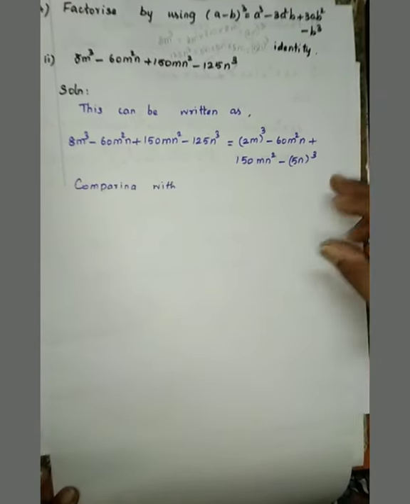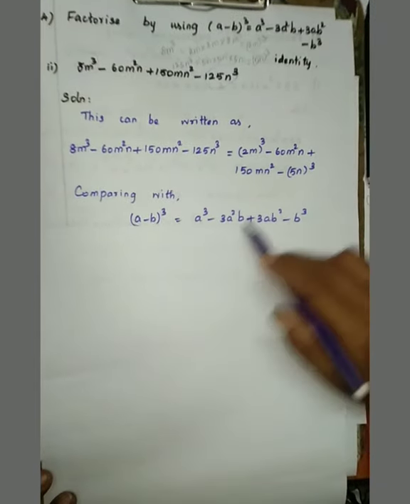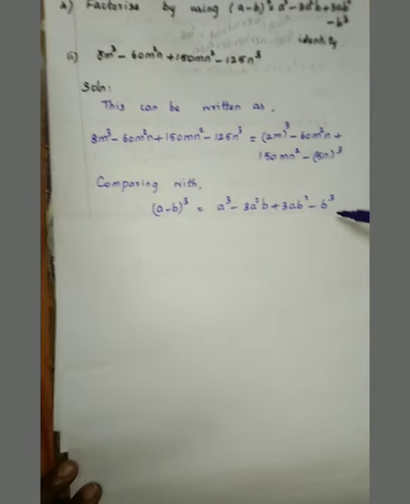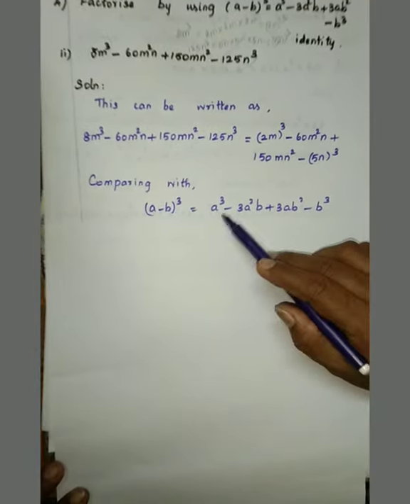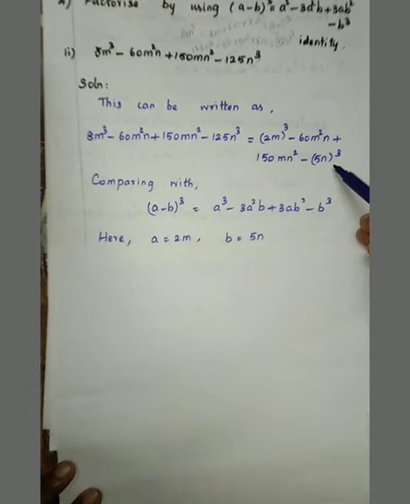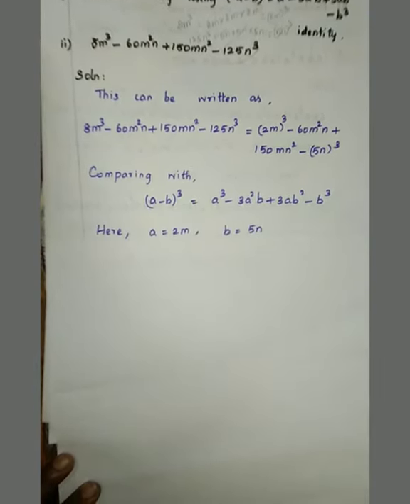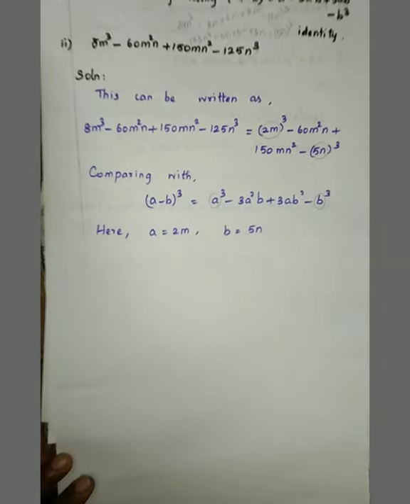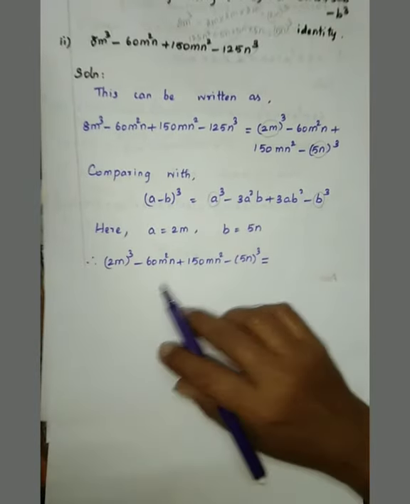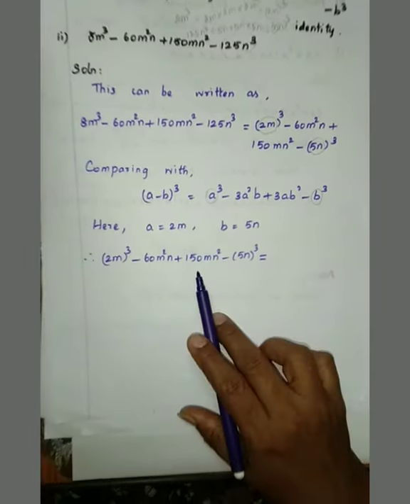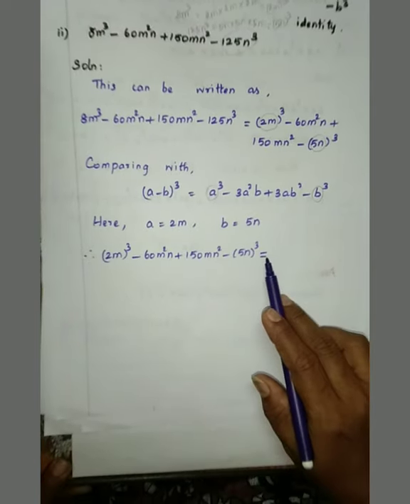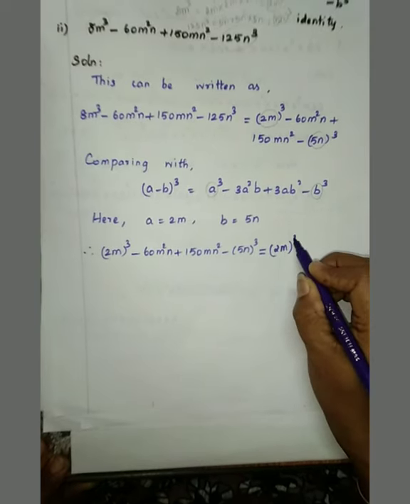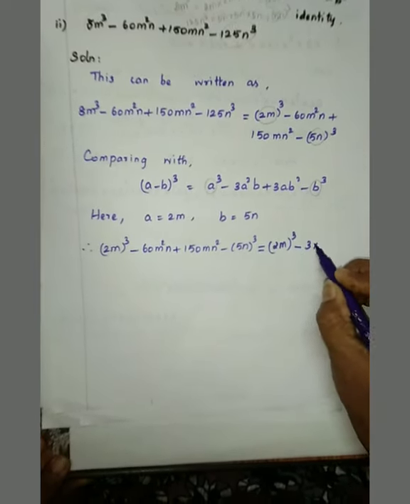Now we are going to compare with that identity. So (a - b) the whole cube equal to a cube minus 3a square b plus 3ab square minus b cube. So here instead of a we can write 2m, instead of b we can write 5n. So here a is 2m and b is 5n. So (2m) the whole power 3 minus 60m square n plus 150m n square minus (5n) the whole cube equal to (2m) the whole power 3 minus 3 into, what is a?